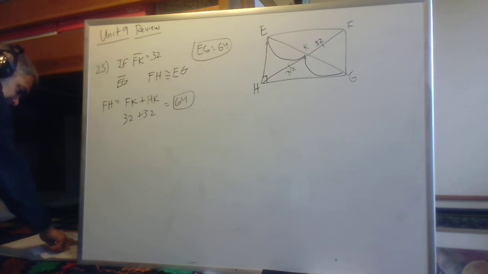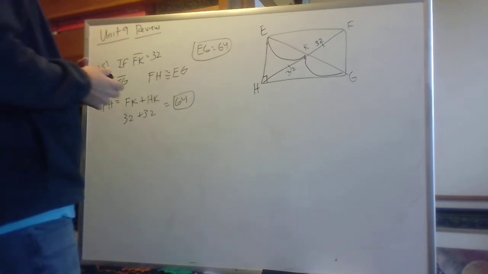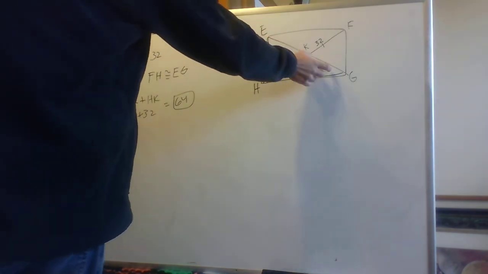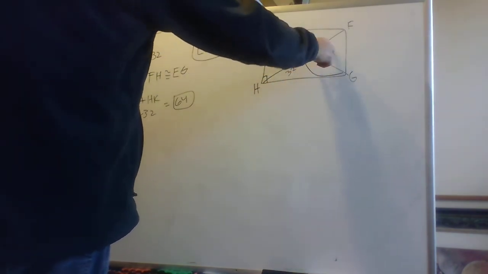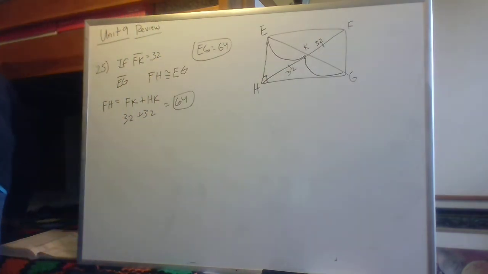It's 13.11, diagonals of a rectangle. As I stated, the diagonals are congruent. So that means that they're equal to each other, and when you split them into two segments, they're going to be also congruent as well. All right, so let's go on to the next problem.